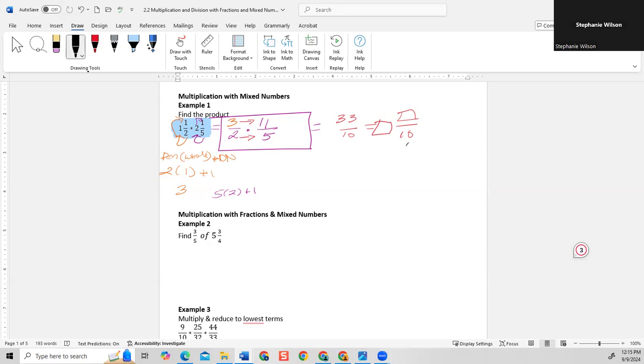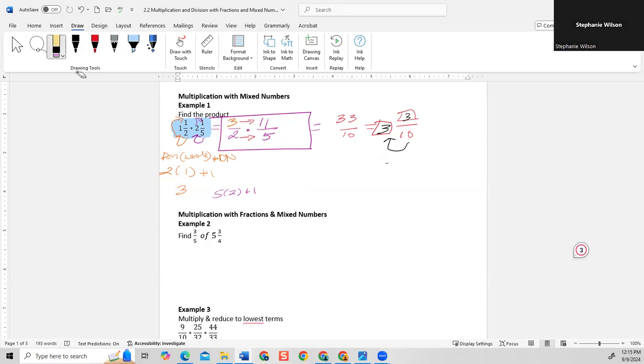But first, 10 times what will get me close to the old numerator, which is 33? Well, I know 10 times 3 is 30. So 3 is my whole number. Then I subtract 30 from the old numerator to get my remainder, and that's my mixed number now.